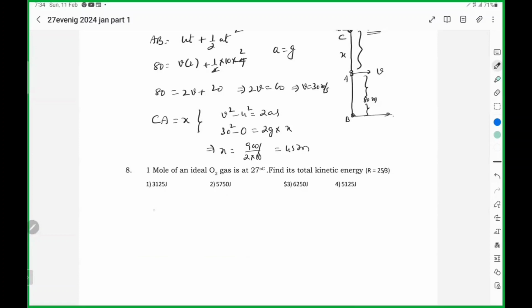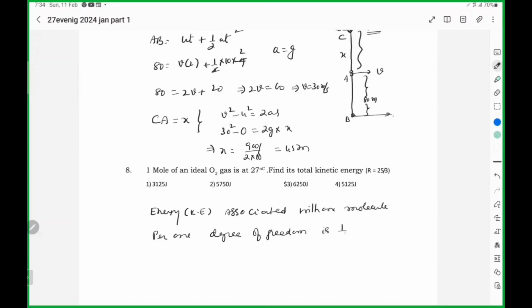Here, its kinetic energy associated with one molecule for 1 degree of freedom is half kT.